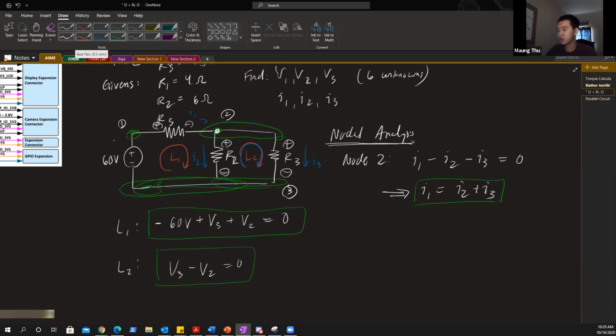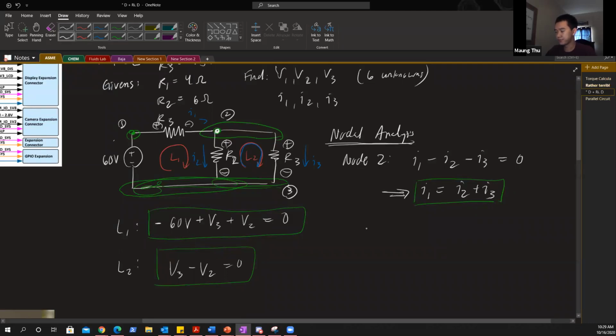Now you're going to be asking, where are you going to find the other 3? Well, there's Ohm's law. Ohm's law is a pretty good equation. Basically, this can give you 3 equations because we have 3 resistors.